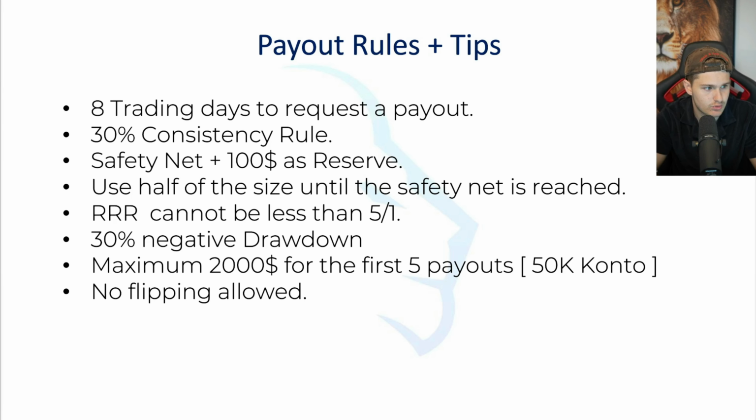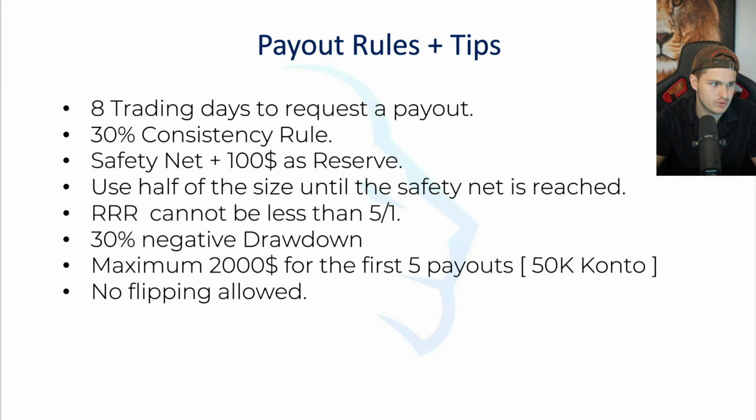There is also a 30% consistency rule, which many traders don't know. On your account balance, if you reach 52,600, the 2,600 that you accumulated there, the 30% is counted from this. So in this example, it would be something between 750 and 800.